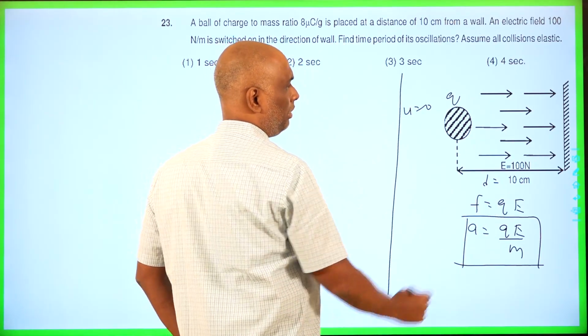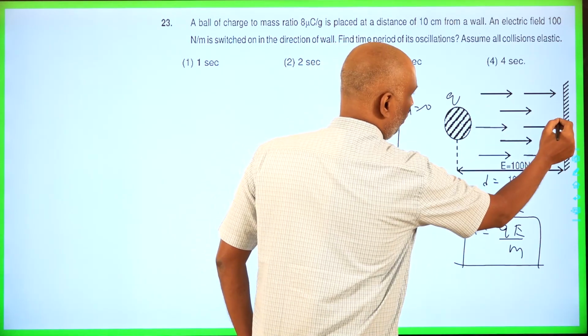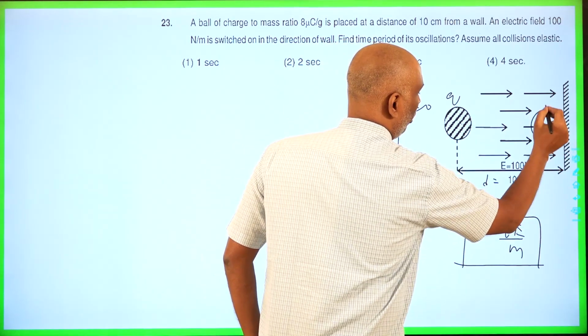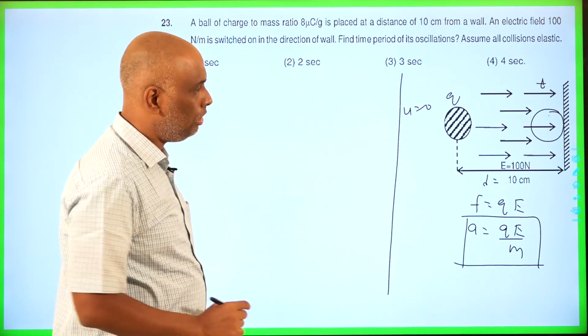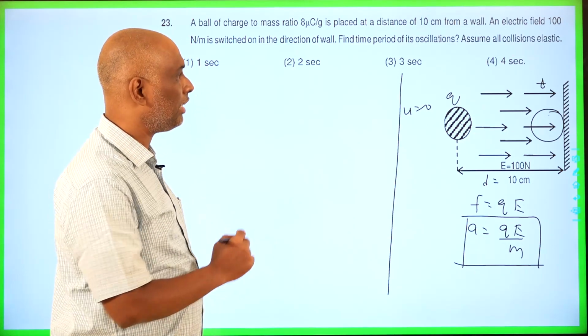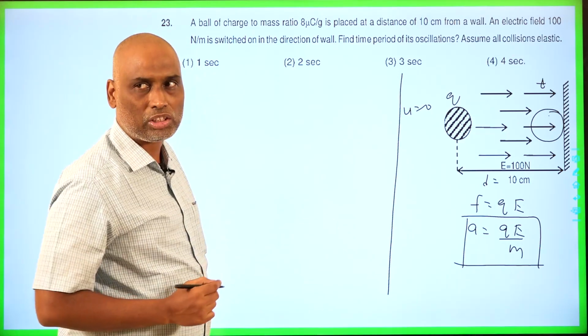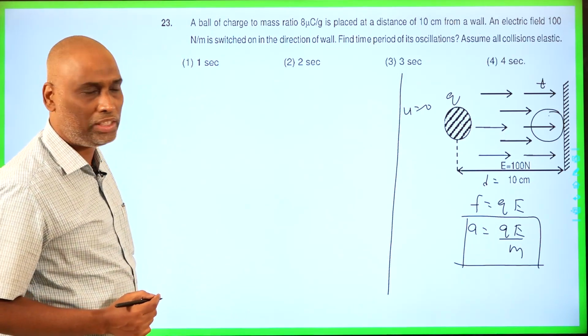Let us imagine that the time taken to travel from this position to the point where it undergoes collision is t. As it covers 10 centimeter starting from rest with constant acceleration, I can use the formula S equals ut plus half at square.